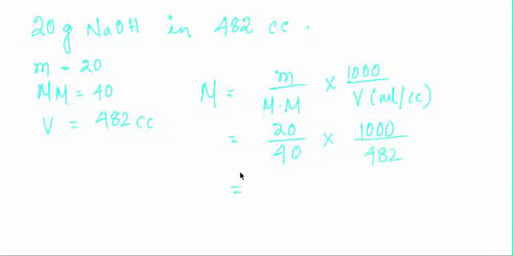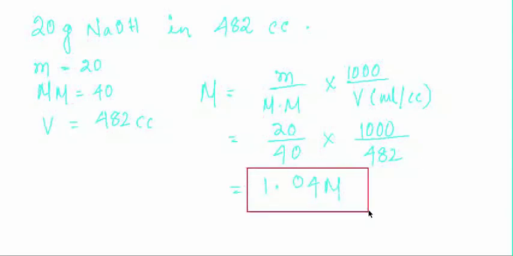Now the answer would be, if you do the calculations, the molarity would come around 1.04, and we will write M over here. So that says the molarity of this solution, which is prepared by dissolving 20 grams of sodium hydroxide in 482 cc of water, is 1.04 molar. So I hope the concept of molarity is clear to all of you. Thank you.